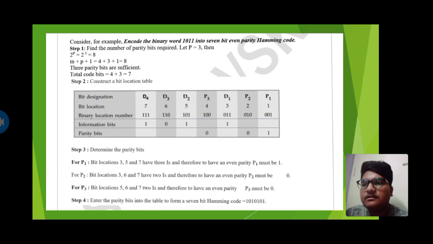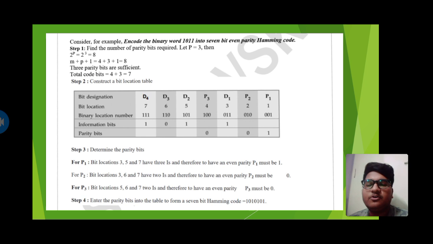Now let us consider an example. Let us solve a problem to get a better understanding of Hamming code. Consider, for example, encode the binary word 1011 into a 7-bit parity Hamming code. The number of parity bits we require to generate a 7-bit code is 3 parity bits. So 2 power 3 is 8.